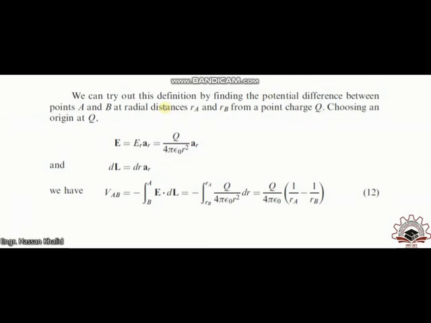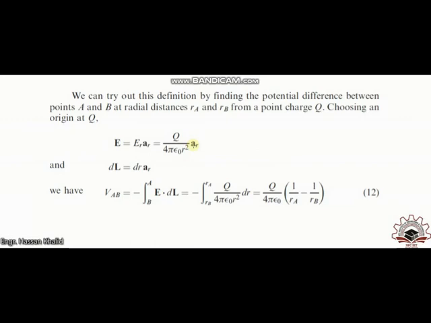In the same way, we can also define the electric field intensity for the radial paths that are at the distances RA and RB. We can easily write it as follows: E is equal to Q over 4 pi epsilon R square in the direction of unit vector a R. That is the basic definition of the electric field intensity.